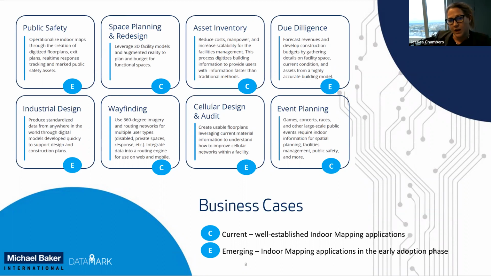So using that GIS information and that very consumable format to better inform our future designs and space usage. Cellular design and audit. This is a huge piece that is being established to not only track how spaces are used, but also gather data around occupancy, temperature, and locations of people within a certain space. So we're going to dive deeper into a couple of these applications here.